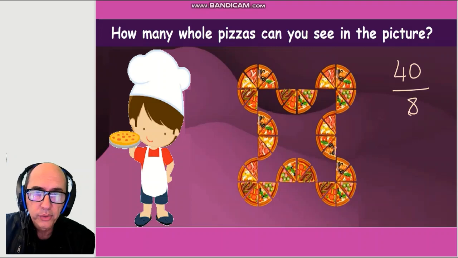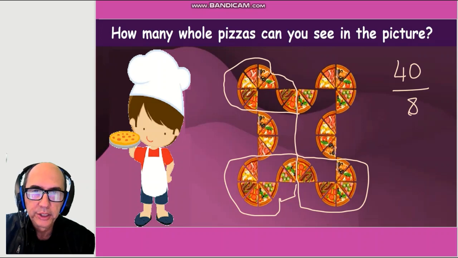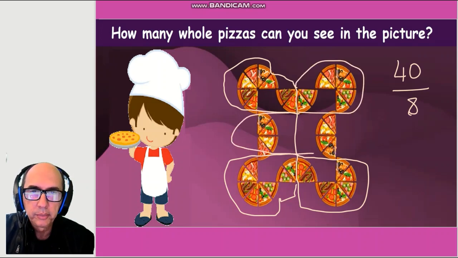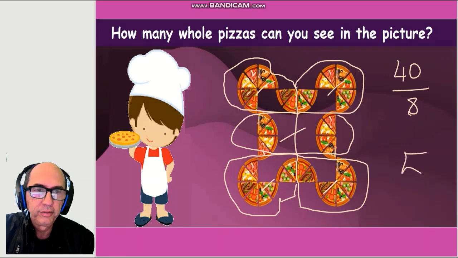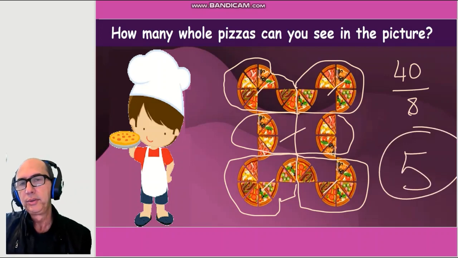Or you can rearrange the slices and complete the whole pizzas. If you rearrange this, and you can rearrange this too in the middle, you're going to have 1, 2, 3, 4, 5 pizzas in total. Another way is to use fractions.